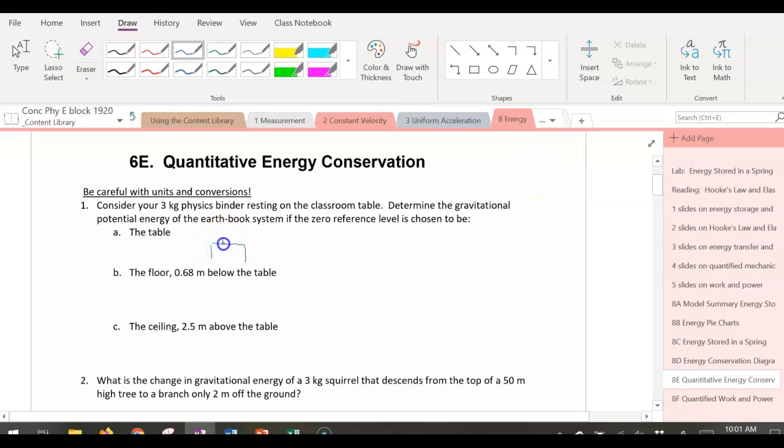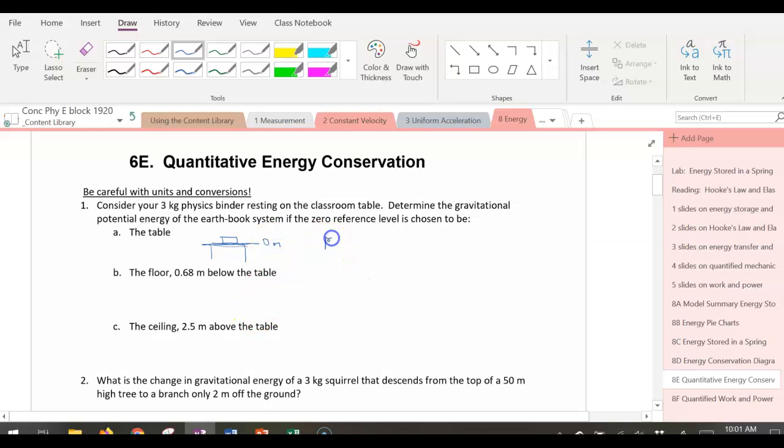Here's the table. The physics binder is sitting on the table, and it says that the zero reference point is chosen to be the table itself, and it's sitting on the table, so the height of the book and the reference point for zero gravitational potential energy is the same.